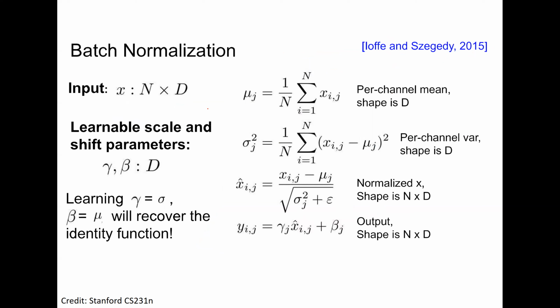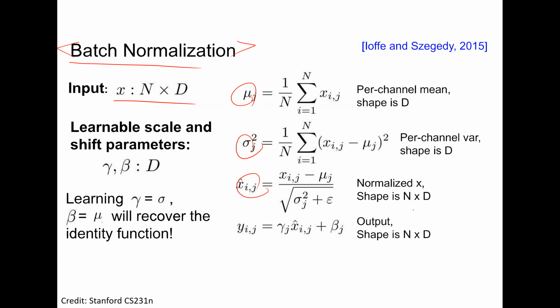Okay, before then, let's recap what batch normalization was. In this case, the input was n by d shape, and we calculate the mean and variance and normalize the values. And we can insert batch normalization into various locations. And usually batch normalization comes before nonlinear activation.